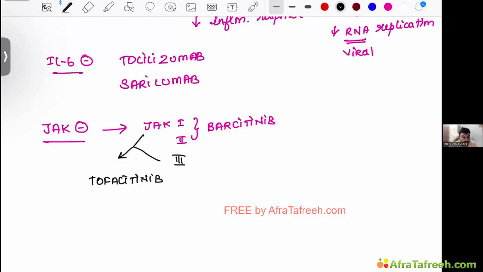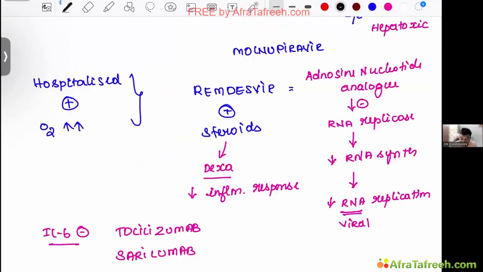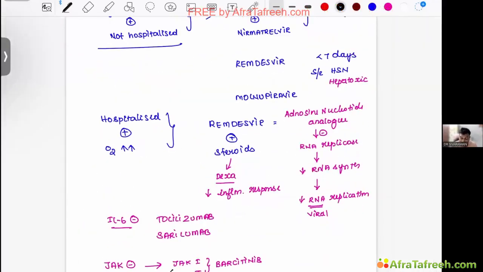Otherwise, we had a lot of medications proposed in the treatment of COVID, but none were useful. Ivermectin, budesonide inhalation, then they told chloroquine, favipiravir. These drugs were not useful, and only these drugs were ultimately found to be useful in treating patients with COVID.